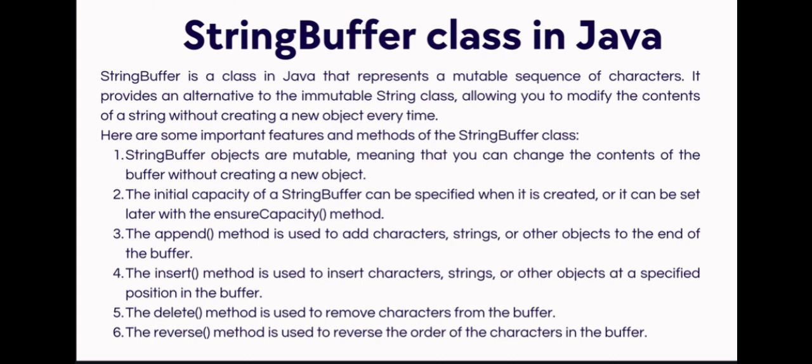The append method is used to add characters, strings, or other objects to the end of the buffer, and the insert method is used to insert characters, strings, or other objects. The delete method is used to remove characters from the buffer, and the reverse method is used to reverse the order of the characters in the buffer.